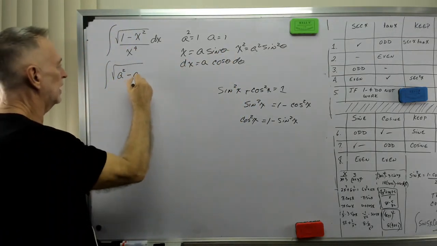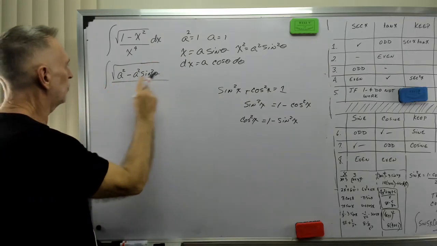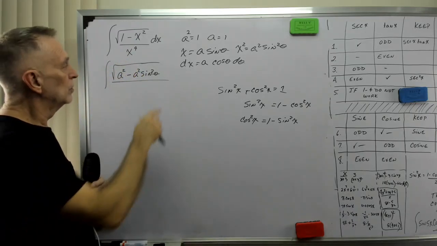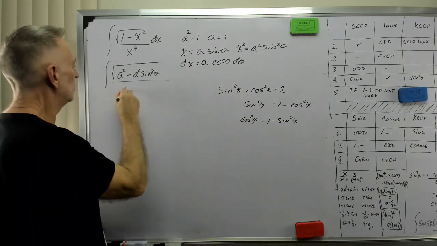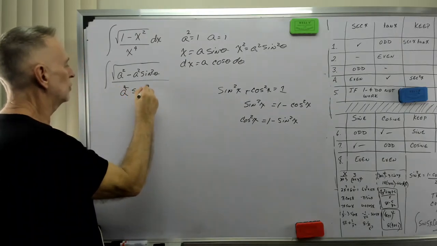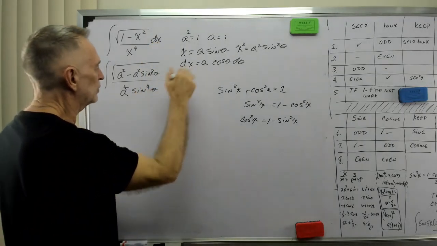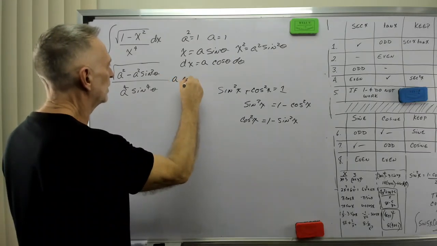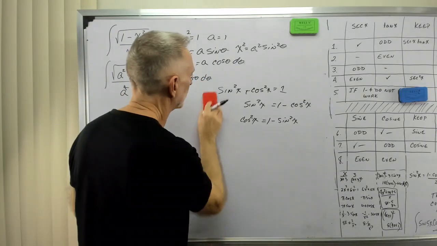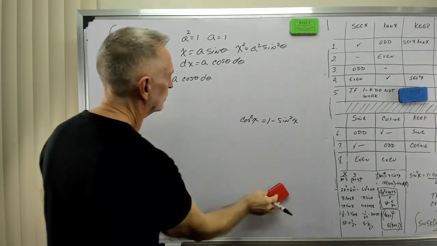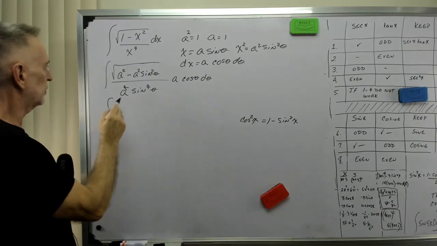x squared is a squared sine squared theta over x to the fourth. Well, x, we'll take this to the fourth power, so I'd have a to the fourth sine to the fourth theta. Now I have a dx I need to do something with. Well, that's a cosine theta d theta. Okay, now then, let's factor this thing.